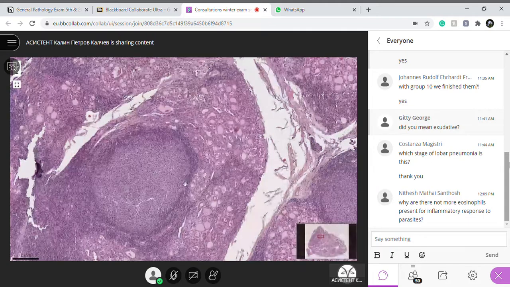When we have an abundance of lymphocytes, they usually tend to organize into this follicular structure. And here we see such a follicular structure. It's a germinal center. In the thyroid, when we have such abundant inflammation with formation of germinal centers, we define this as thyroiditis of Hashimoto.